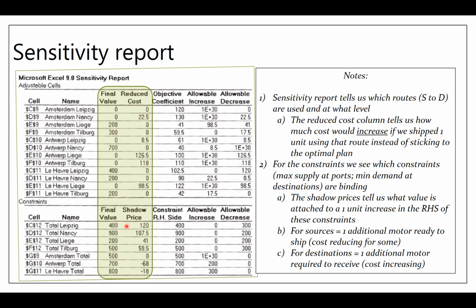The fact that we would most like to be rid of Leipzig shipments, because they have this high marginal cost, tells us they're the worst, and the idea that Liege has the lowest marginal cost, the last unit only cost us 41, says it's the best. And so we can always rank these from lowest to highest in these cost problems, best to worst.